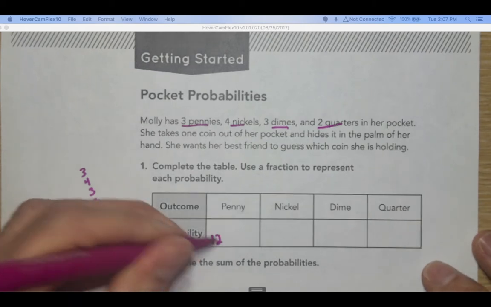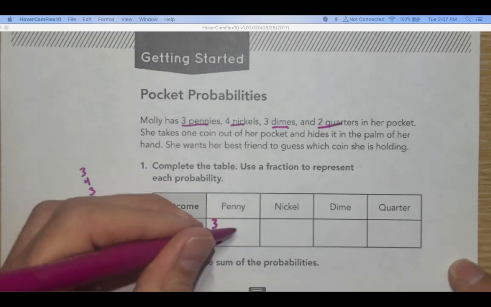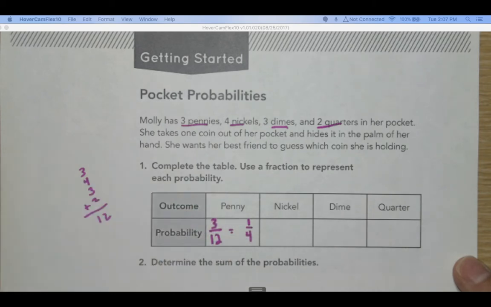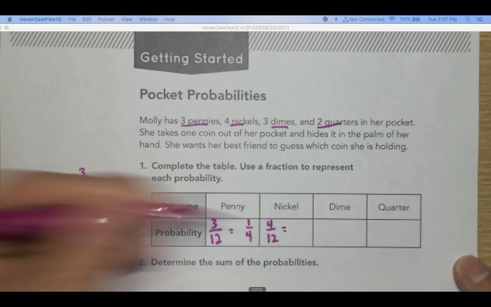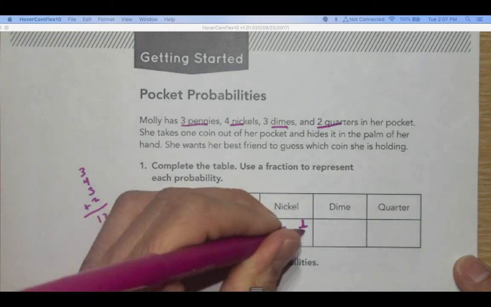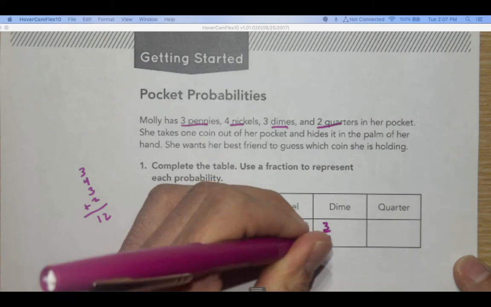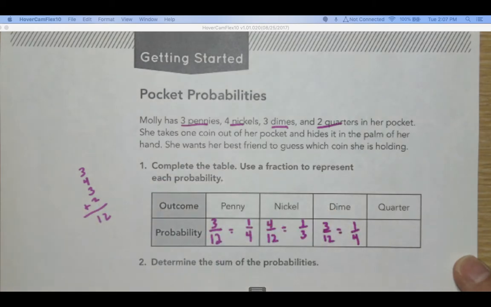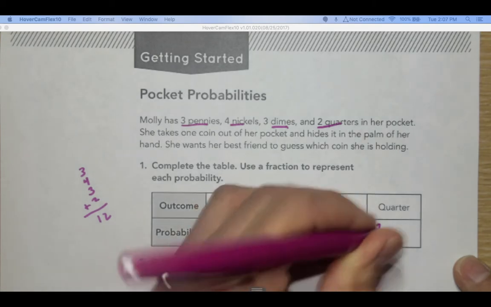And so for the pennies, it would be 3 out of 12, which I could leave, or I could simplify it to 1/4. For nickels, it would be 4 out of 12, which I could leave, or I could simplify that to 1/3. For dimes, it would be 3/12, which I could leave or simplify to 1/4. And then for quarters, it would be 2 out of 12, which would be 1/6.